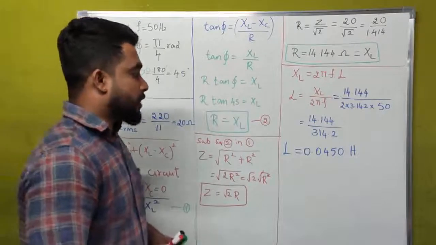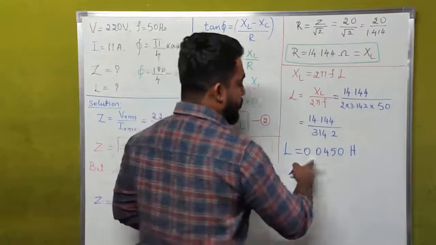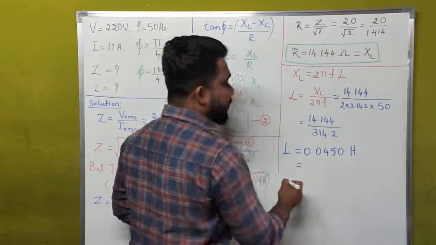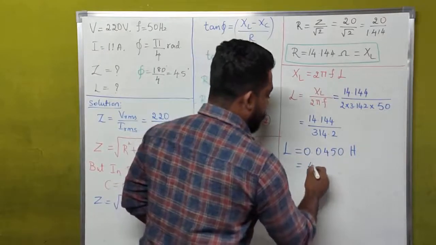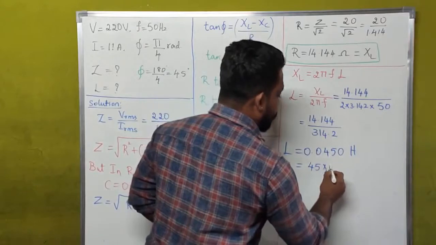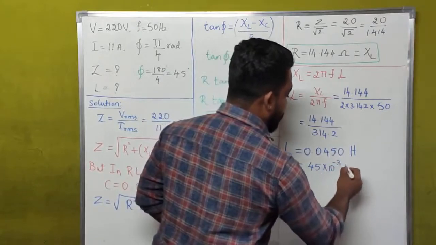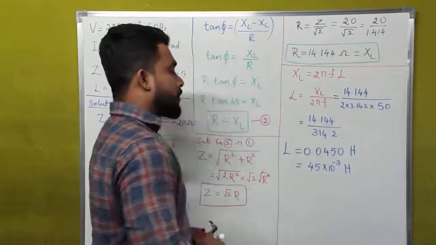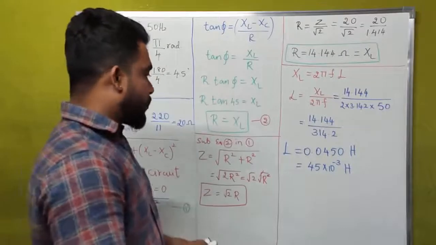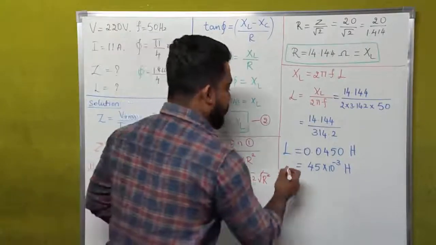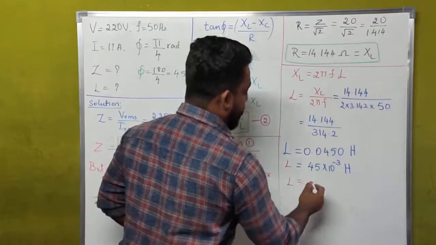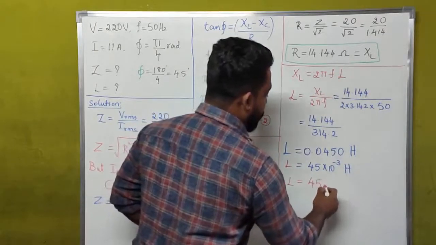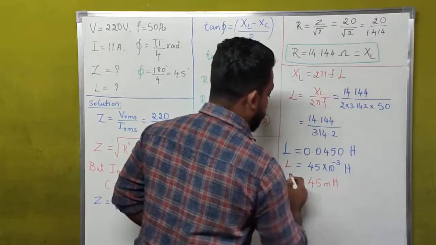If we keep this in terms of millihenry, that is 45 into 10 to the power of minus 3 Henry, or we may write that as 45 millihenry.